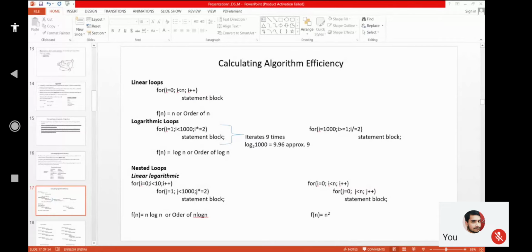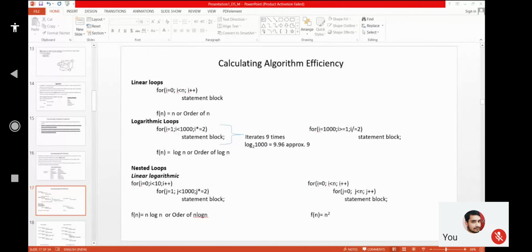When you write big O, big theta or big omega, I will discuss later. Clear? Why is this linear? Because the execution of the statement block is maximum n times. That's why we can say this is order of n.